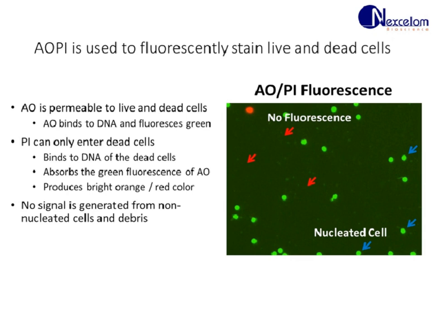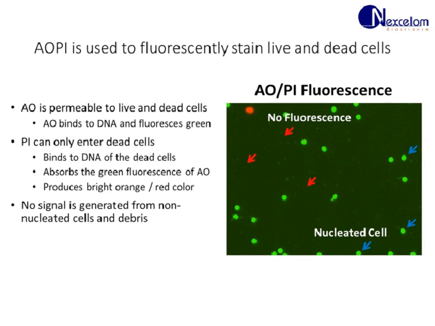So if we look at what AOPI is made of, AO is a permeable dye that can penetrate both live and dead cells. The AO will bind to the DNA and fluoresce green. The PI will only enter the dead cells, bind the DNA of the dead cells, and quench the green fluorescence of the AO, which produces a bright orange and red color.